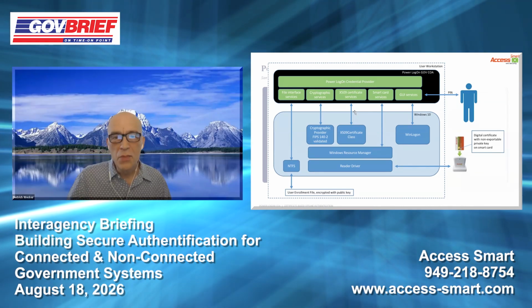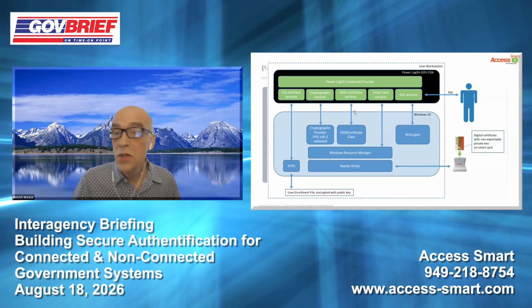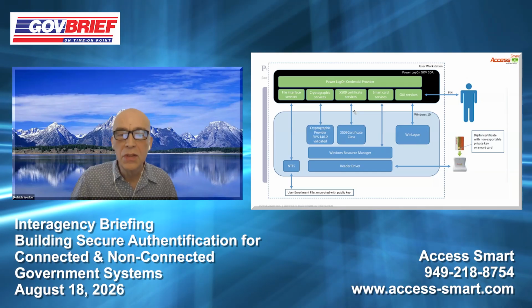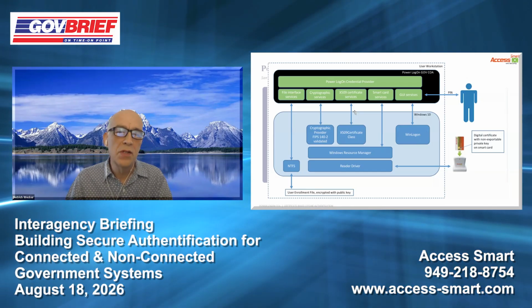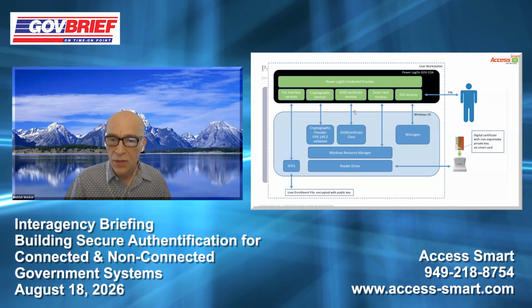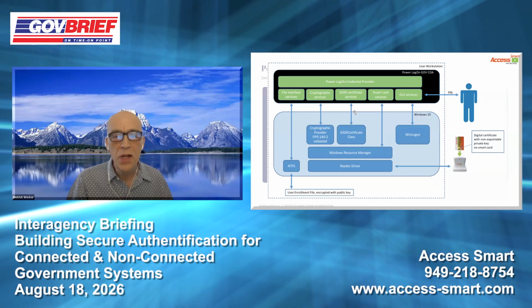Well, the big difference is that you have no network, not even an internal network, just a single machine. So there's no server, of course, because you couldn't connect to it. This shows the internal architecture. You have your Windows subsystem, Windows 10, 11, internal functions that are already there.